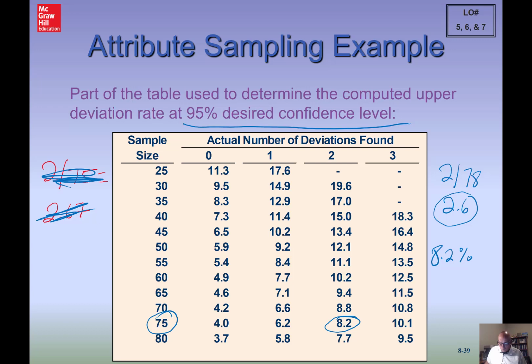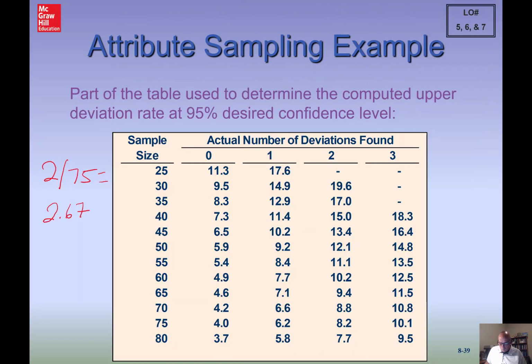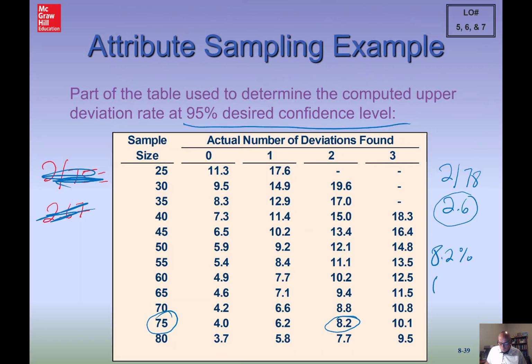But we're 95% certain that the deviation rate in this sample, the upper end, will not exceed 8.2%. And they look at you and they say, auditor, can you live with that? Well, if my tolerable deviation rate was 6, the auditor is going to look at that and say what?